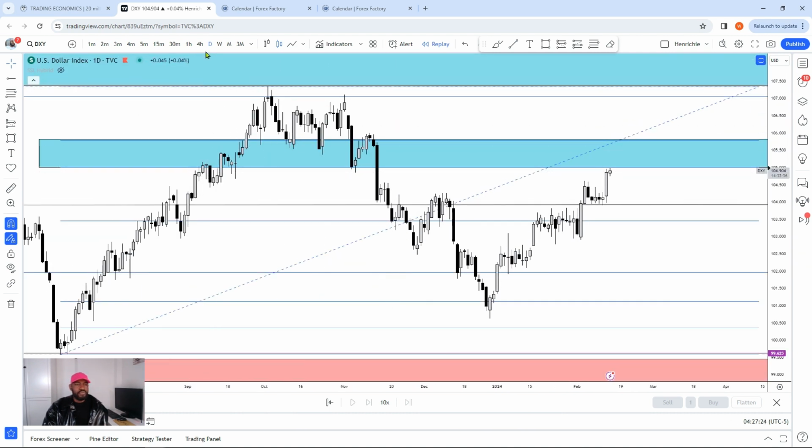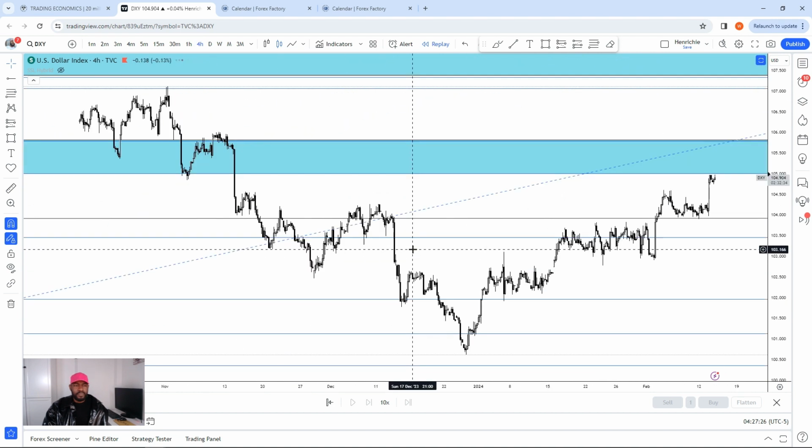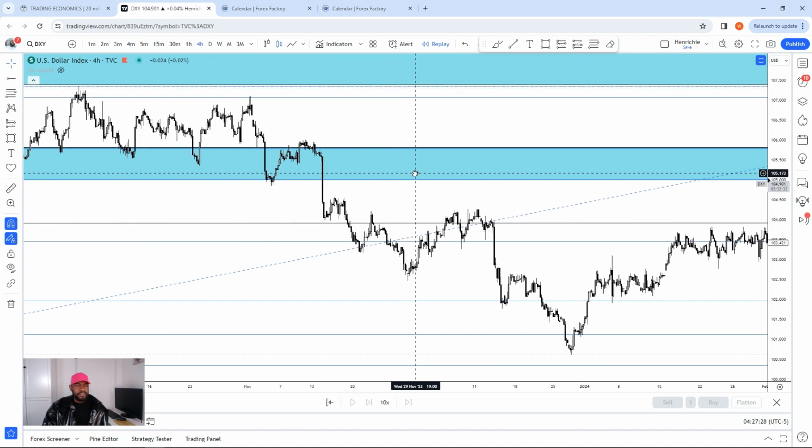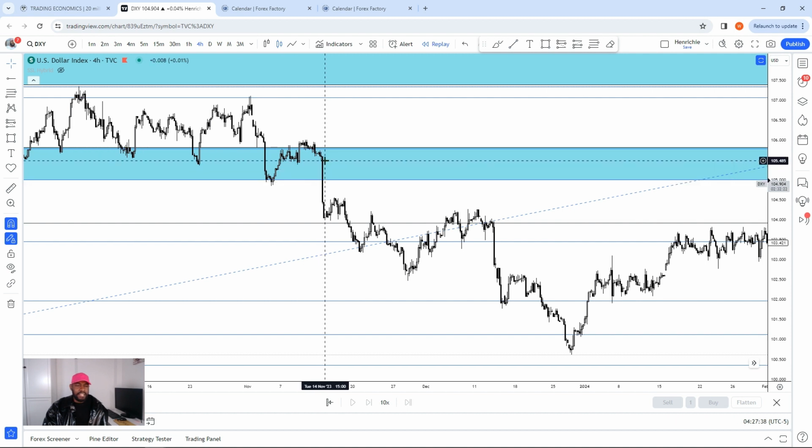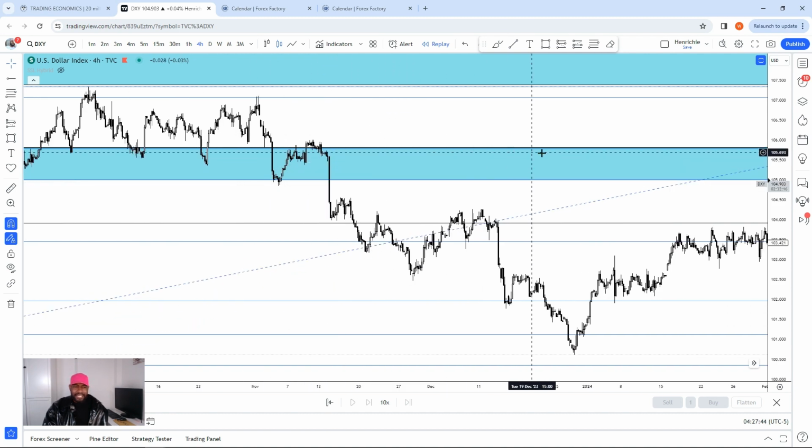So we go to the 4 hour time frame and look for inefficiencies resting at the 4 hour time frame. You can see the inefficiency resting right there. We don't know whether price is going to want to fill the entirety of the inefficiency or it's going to just want to tap in a bit. All we do is mark the entire zone.